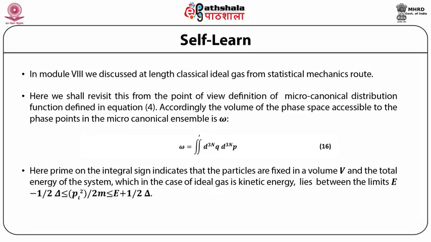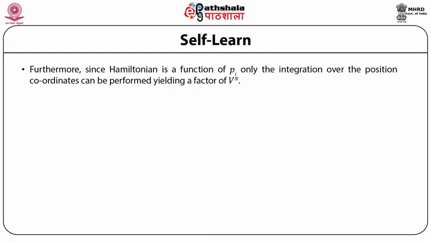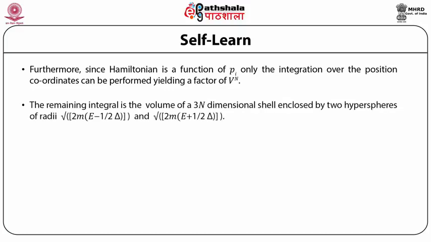which in this case of ideal gas is kinetic energy, lies between the limits E minus half delta less than or equal to sum of pi square upon 2m less than or equal to E plus half delta. Furthermore, since the Hamiltonian is a function of pi only, the integration over the position coordinates can be performed, yielding a factor of V raised to power N. The remaining integral is the volume of a 3N dimensional shell enclosed by two hyperspheres of radii square root of 2m multiplied by E minus half delta and square root of 2m multiplied by E plus half delta.